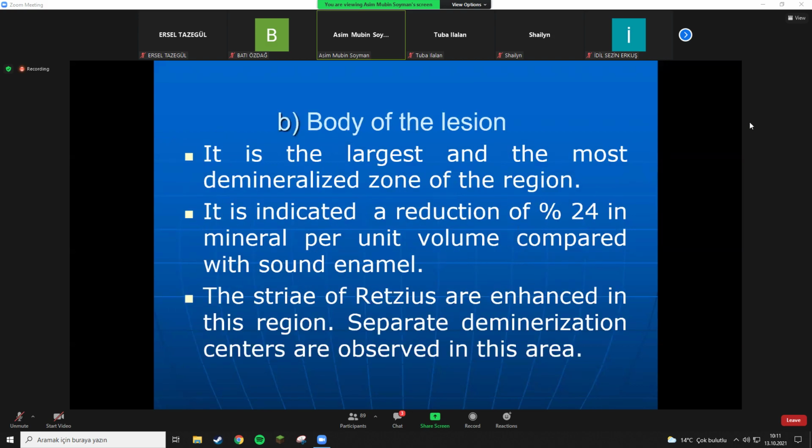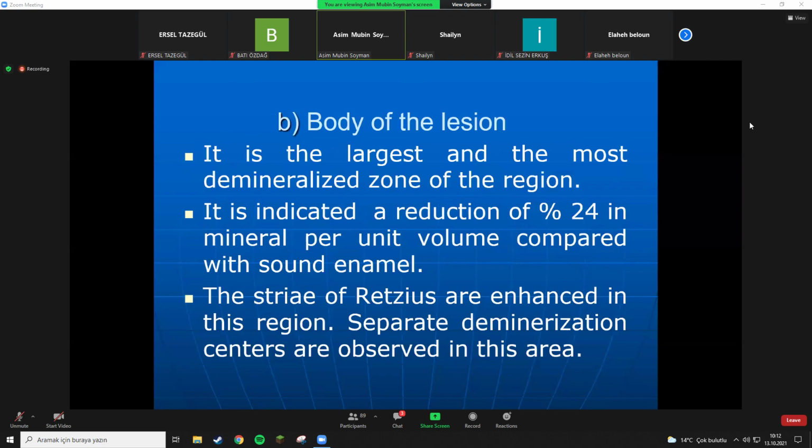Coming to the body of the lesion, it is the largest and the most demineralized zone of the region. It has indicated a reduction of 24% in mineral per unit volume compared with sound enamel. Of course, 24% is an abundant amount of reduction for dental enamel.